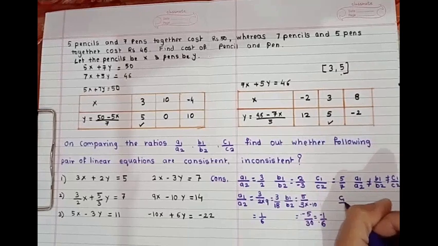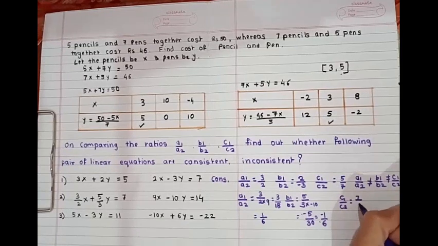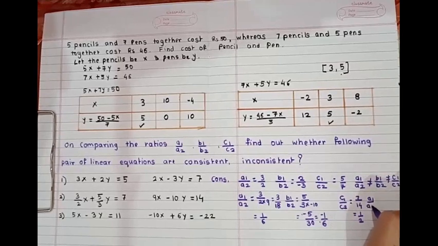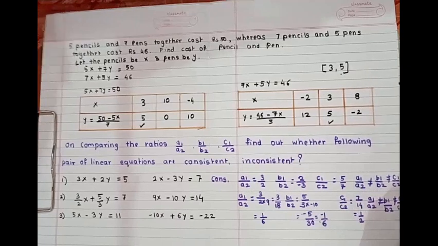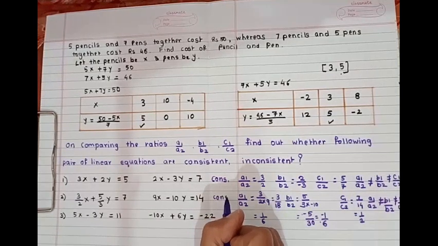And c1 upon c2, that is 7 upon 14, that is equal to 1 upon 2. Again you get a1 upon a2 not equal to b1 upon b2 not equal to c1 upon c2. So they are again consistent.